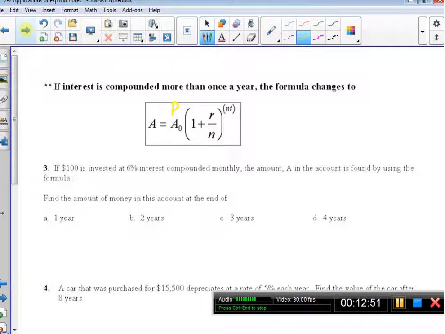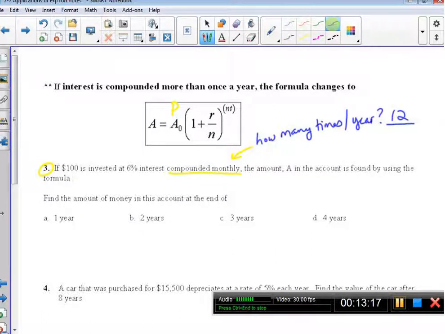So now to the example. If 100 is invested at 6%, compounded monthly. You need to think about how many times a year monthly is. Well, 12.